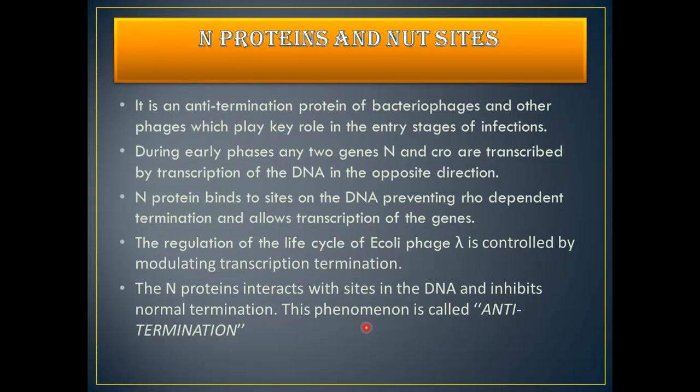The recognition site required for protein N action is called the nut site, for N utilization. The sites responsible for determining leftward and rightward antitermination are described as nut L and nut R respectively.